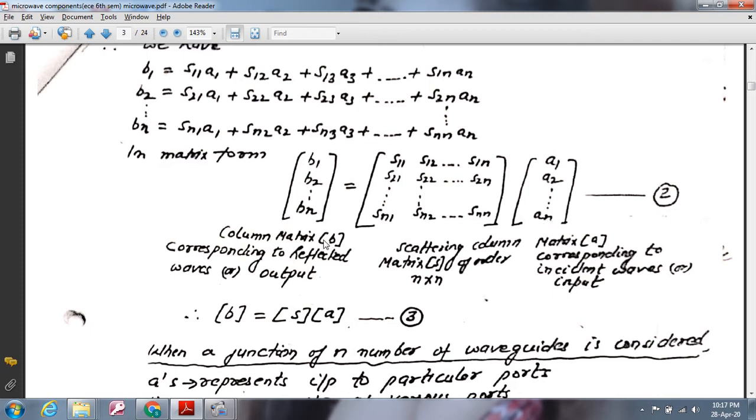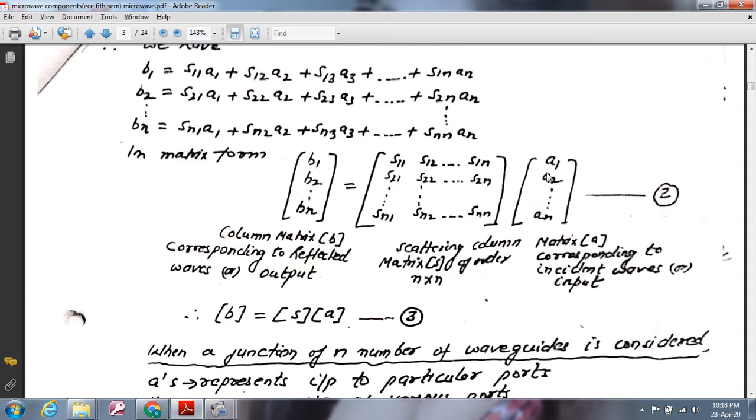So these equations can be represented in a matrix form, which is shown by equation number 2. Here this is known as column matrix B corresponding to the reflected wave. These are all the reflected waves, or simply we can say this is the output. And this square matrix is the scattering matrix of order n into n. This is very important. This is one of the properties of our S matrix. It will always be a square matrix.